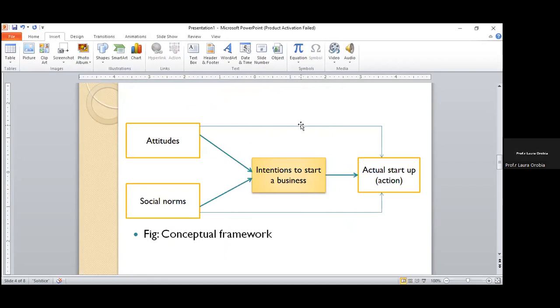So the direct relationships are, number 1, attitudes to actual startup. Then there's attitude to intention, and then intention to actual startup. There's another direct one, social norms to intentions, then social norms to actual.